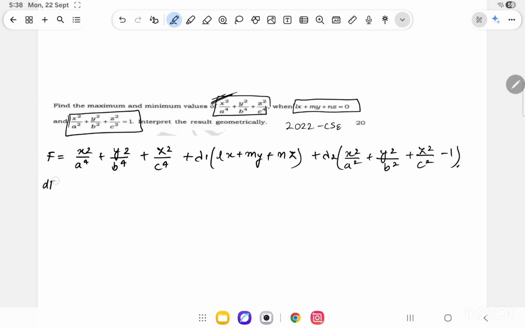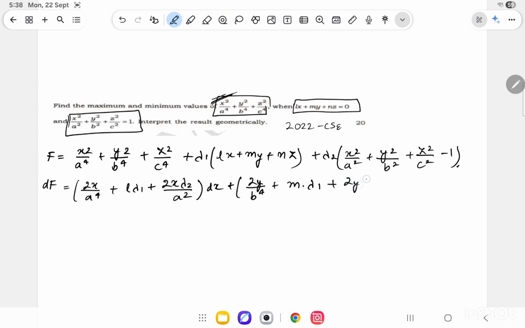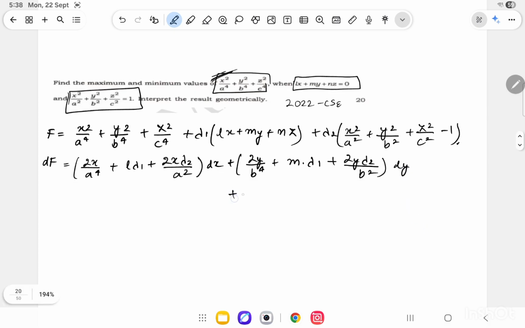total derivative of f. So that will be 2x by a raised 4 plus L lambda 1 plus 2x lambda 2 by a square into dx plus 2y by b raised 4 plus m lambda 1 plus 2y lambda 2 by b square into dy plus 2z by c raised 4 plus n into lambda 1 plus 2z into lambda 2 by c square into dz.